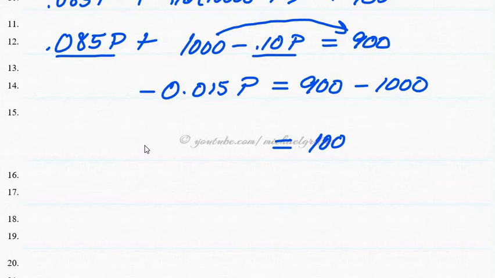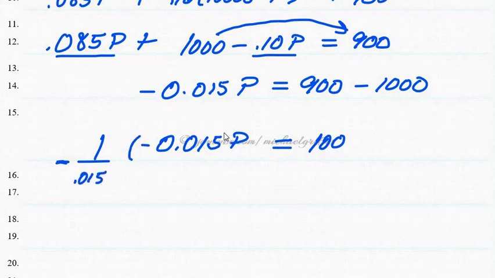And of course, we'll rewrite. So now what we'll want to do is divide both sides by negative 0.015. Let's go ahead and put parentheses around that since that negative sign's there.